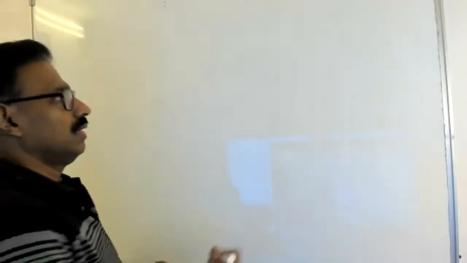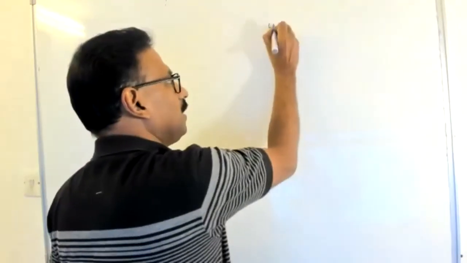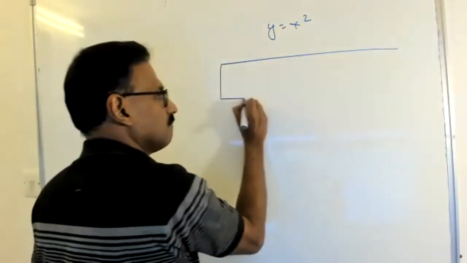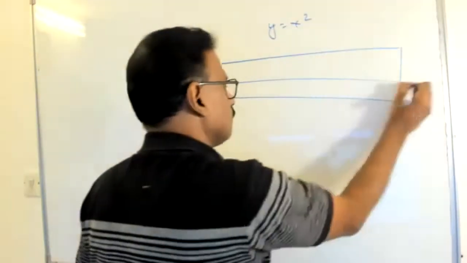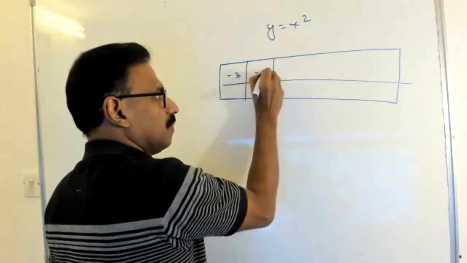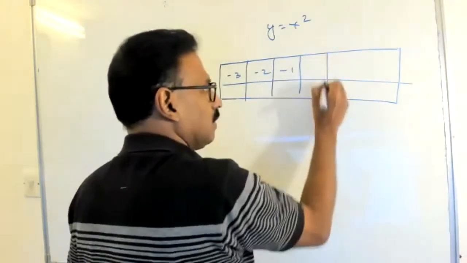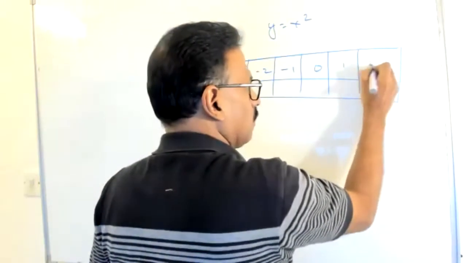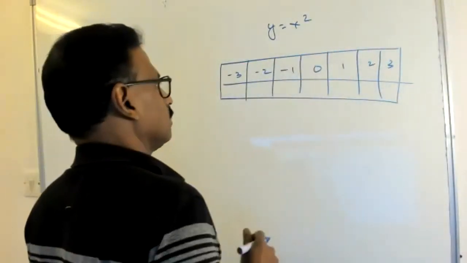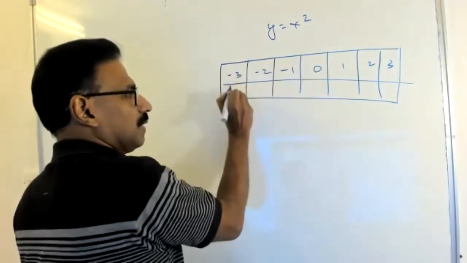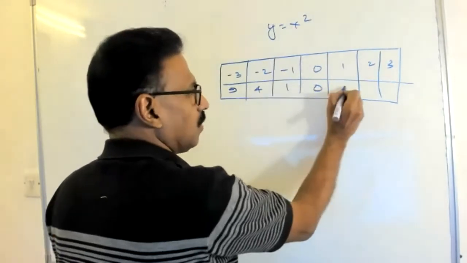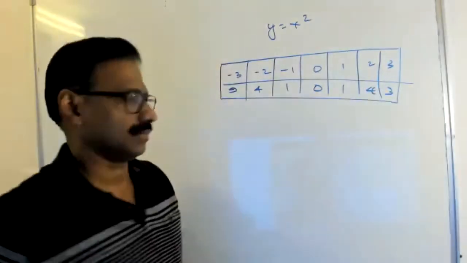Okay, look. Suppose I'm drawing a graph of y equals x squared. For x values -3, -2, -1, 0, 1, 2, 3, here y is 9, 4, 1, 0, 1, 4, 9.